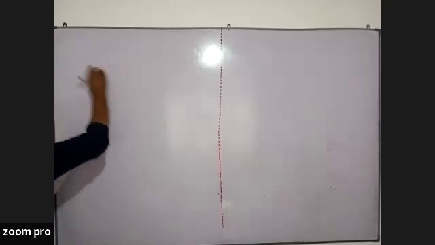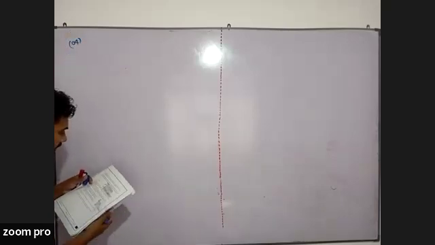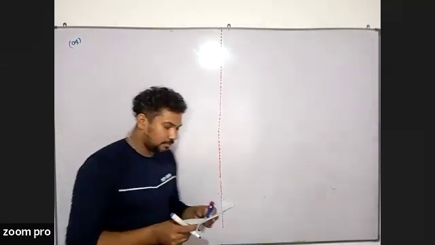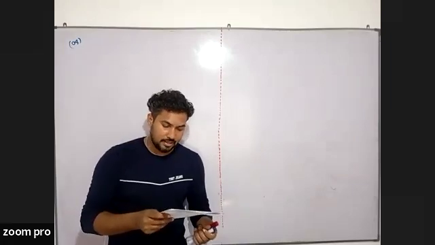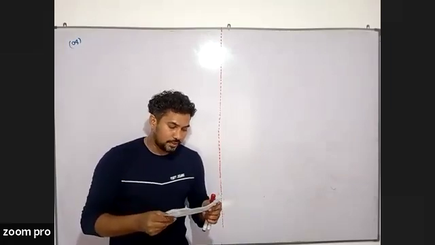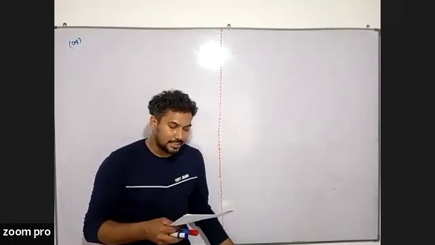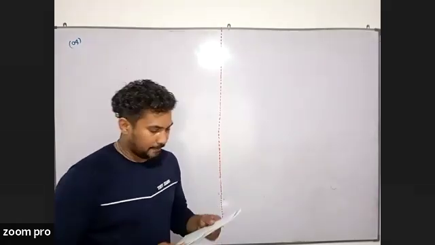Okay. Now in the fourth question, let's assume that the front face of a bus is a vertical plate of rectangular shape of area A. The vehicle is moving with a constant speed v on a horizontal path in still air as shown in the figure.